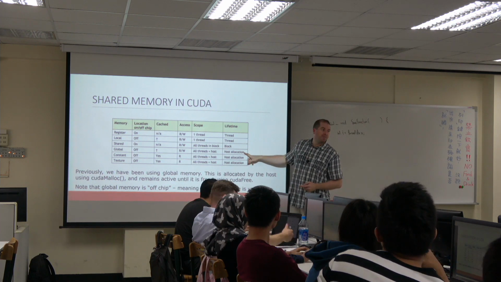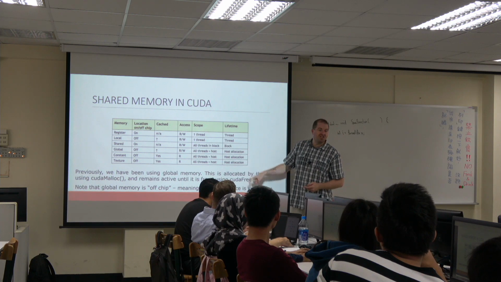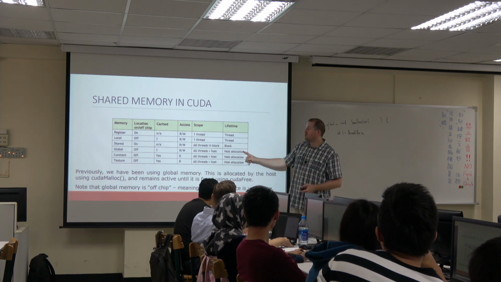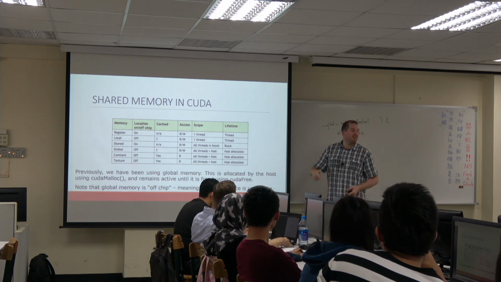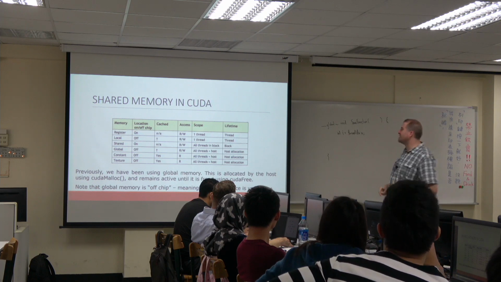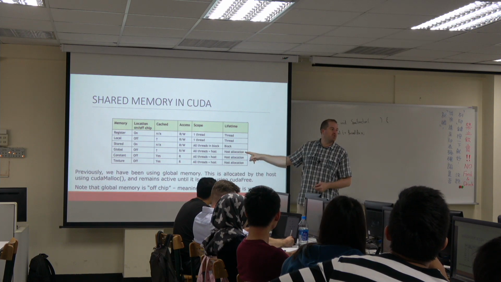The lifetime of global memory is as long as you want it to be. If you forget to write cudaFree, it is forever. I'll kill you guys if you do that. Your global variables should be freed at the end of your program execution. So that's why we say host allocation. If you don't free the memory yourself, I will allocate you to a grave somewhere.